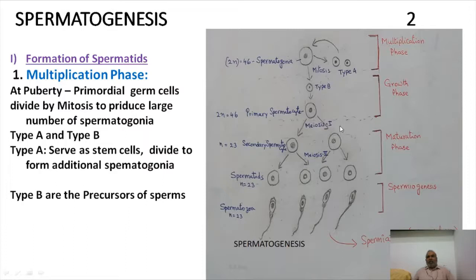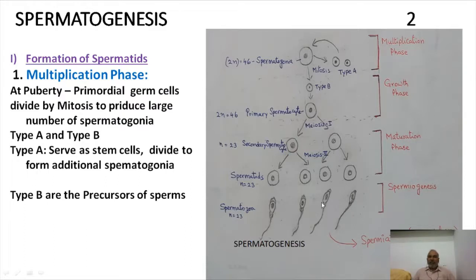Now let us see the second phase. How are the spermatids converted into sperms? That is called spermiogenesis. Spermiogenesis is a process through which undifferentiated spermatids are converted into specially shaped spermatozoa.